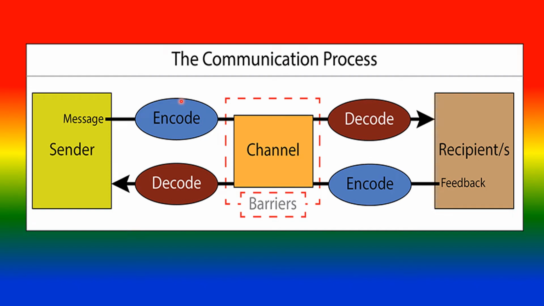Look at this picture, the communication process: sender, a message, encode using a channel, decode, send to recipients, then feedback, encode, choose channel, decode.